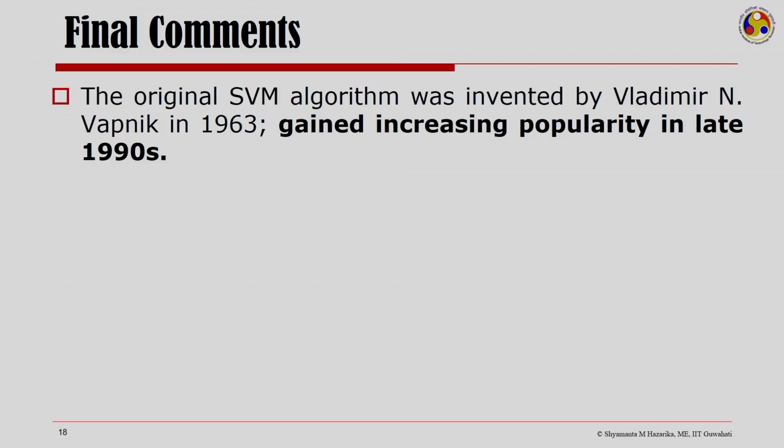And thereafter, he also worked on the kernel trick further. The kernel trick had a mention in his thesis, but with the use of kernel trick in a big way, the support vector machines gained increasing popularity in the 1990s.